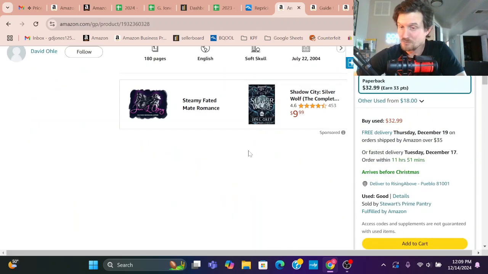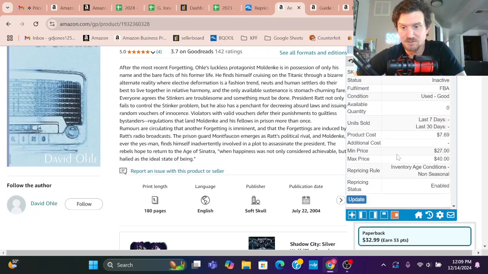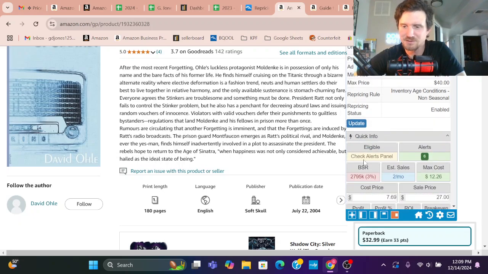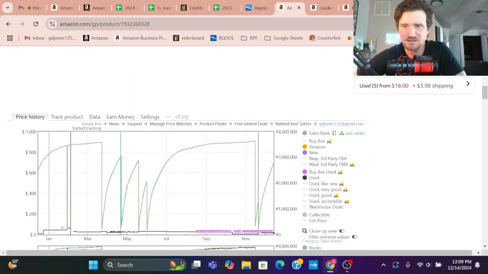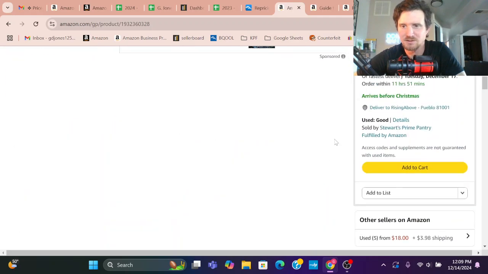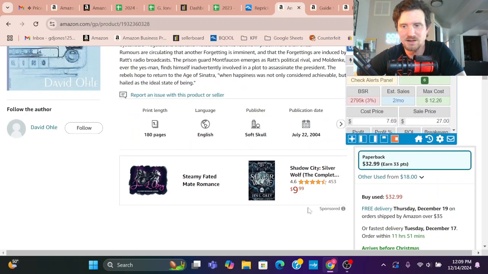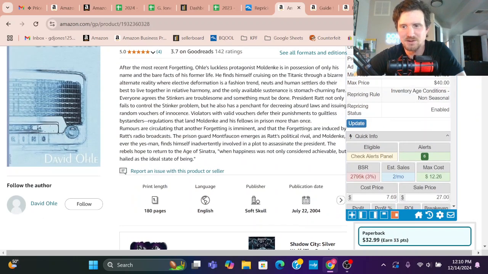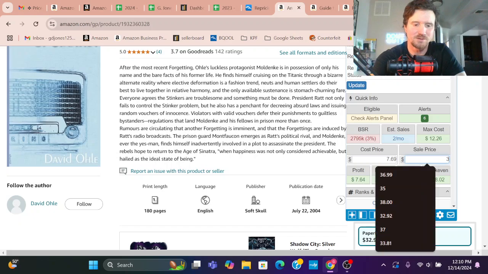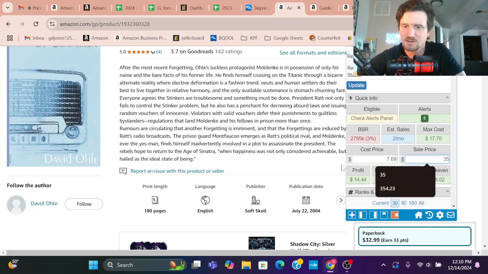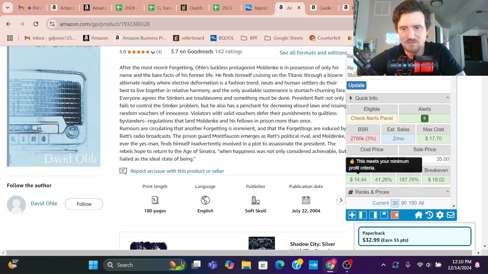But that being said, this one's a tough one actually, because it doesn't sell a whole lot. Looks like the buy box is hitting $32.99, which I could drop it down to. If I drop it down, say 35, I'd still be making 187% ROI, almost doubling my money.